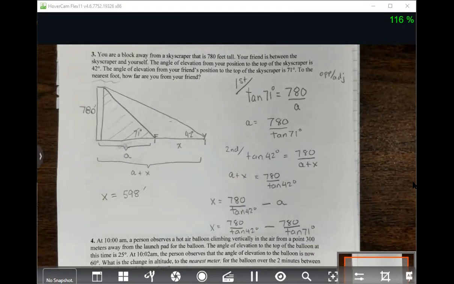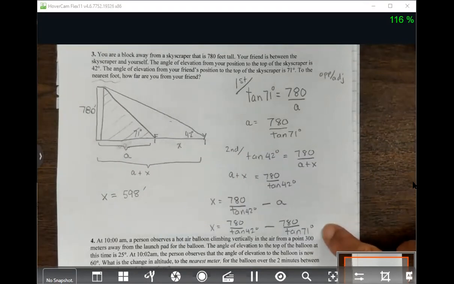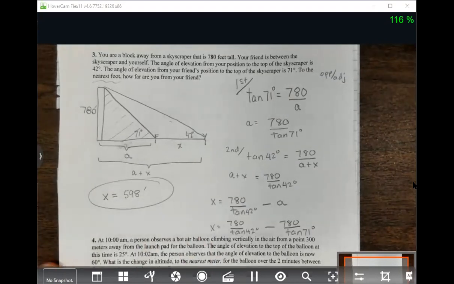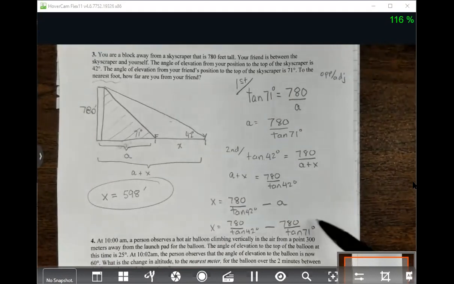Yes. So on the test, we're not going to use calculator, so where would we stop? Right here. Yep, that's what I got again. So here's where you'd stop for your test.